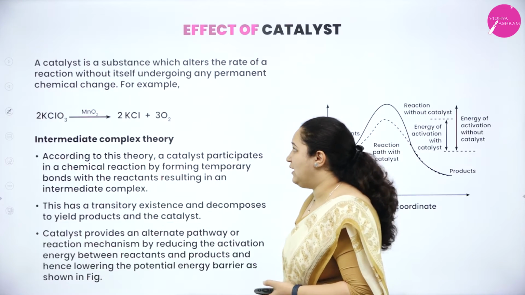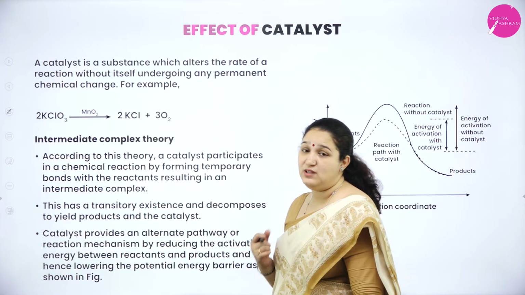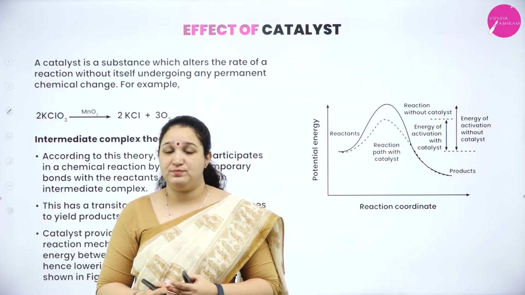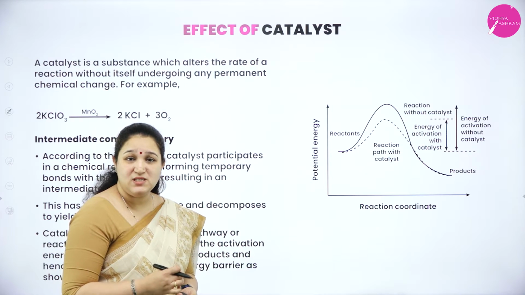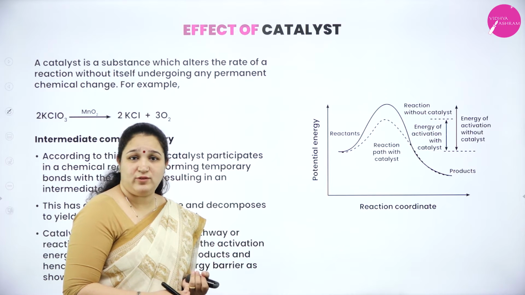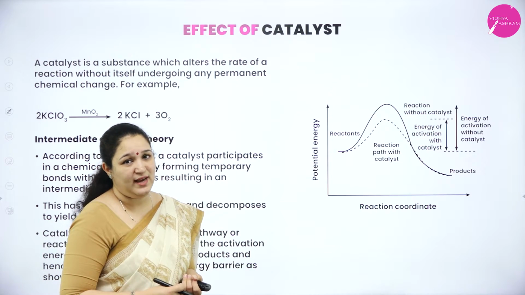Next we are going to learn about the effect of catalyst on the rate of the reaction. So you have all already learned what a catalyst is. So what is a catalyst? A catalyst is a substance which alters the rate of the reaction. It can increase the rate of the reaction and sometimes it can also decrease the rate of the reaction.